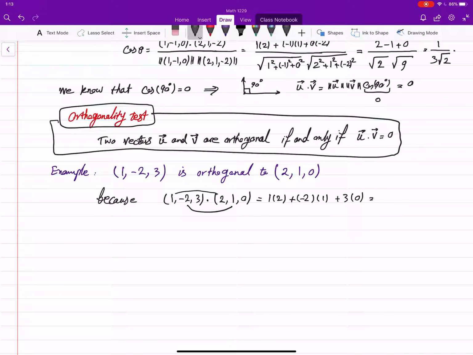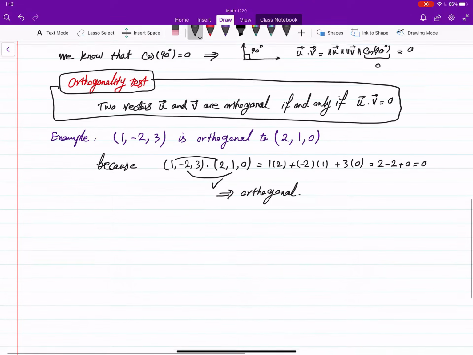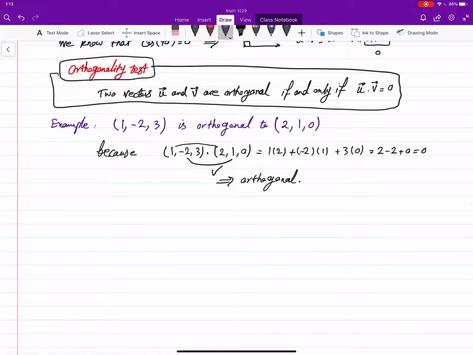And that is 2 minus 2 plus 0, which is 0. If dot product is 0, then you can conclude that those are orthogonal. That's the orthogonality test. And if it is not 0, they are not orthogonal.